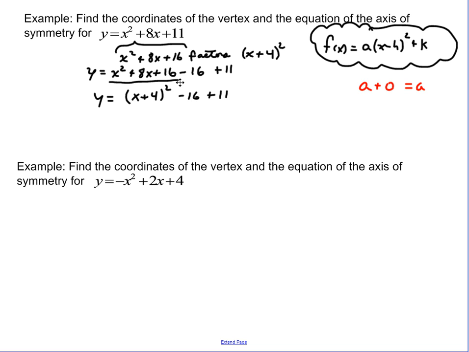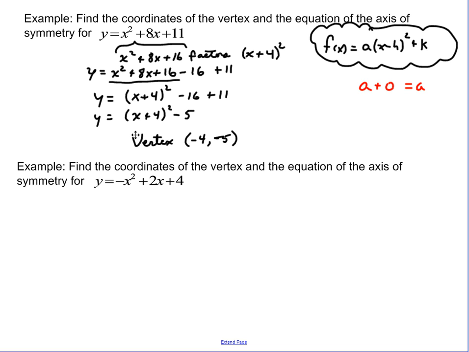It's just like adding 0. But negative 16 plus 11 also simplifies, since they're like terms, and we get x plus 4 squared minus 5. And so where's that vertex? Well, the vertex, according to our model of the standard form, is the point negative 4, negative 5.